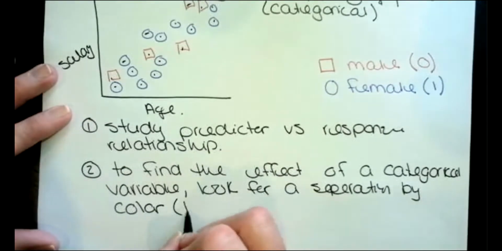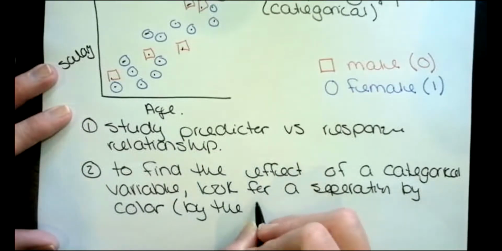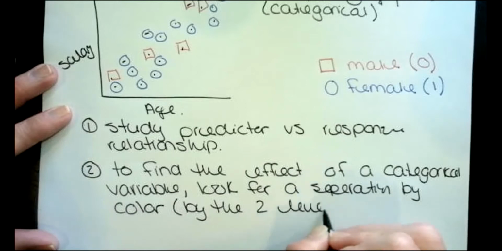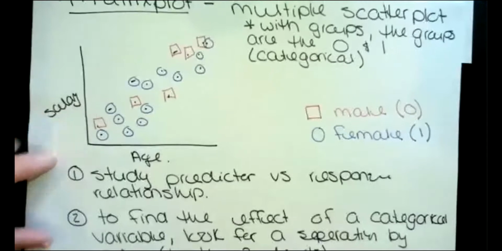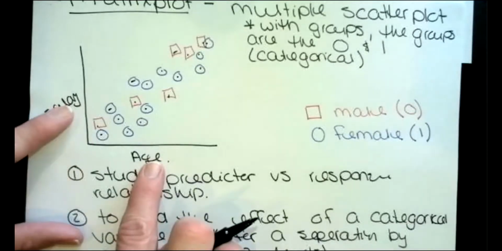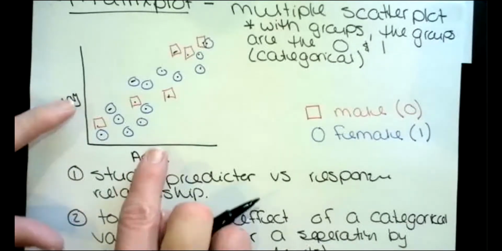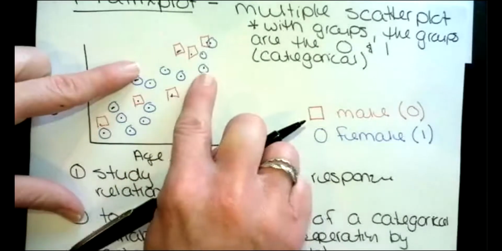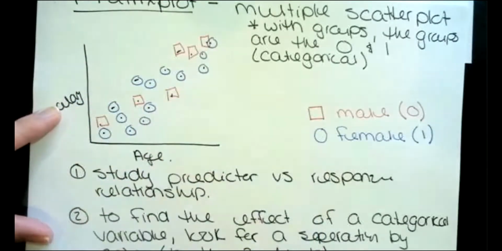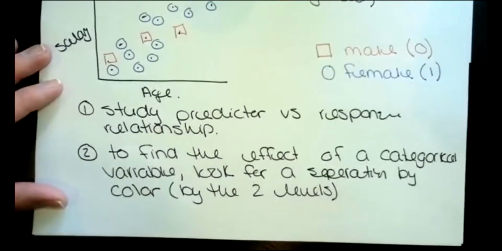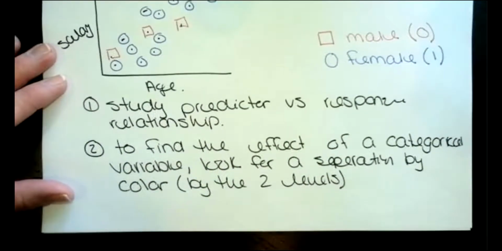So I'm going to say by the two levels. We're looking at two things all at once: the linear relationship between age and salary, and then we're going to look to see, is there a separation by color? So does gender matter to how age is affecting salary, right? That kind of thing. And that's what we're going to look at when we're looking at the matrix plots.